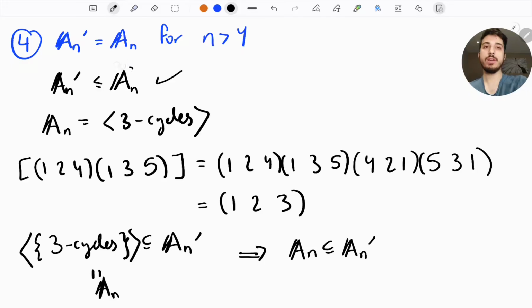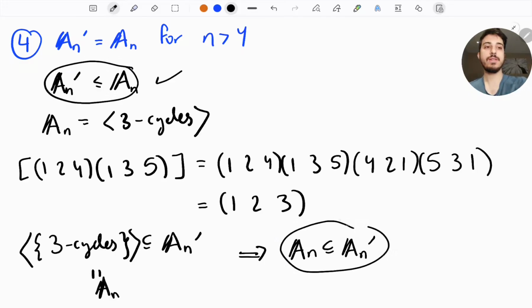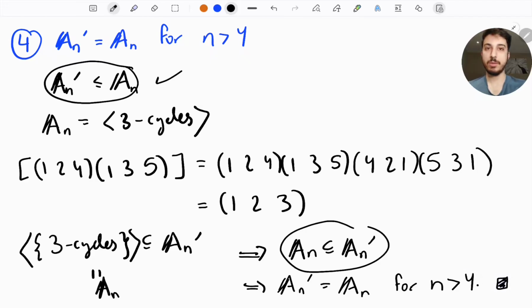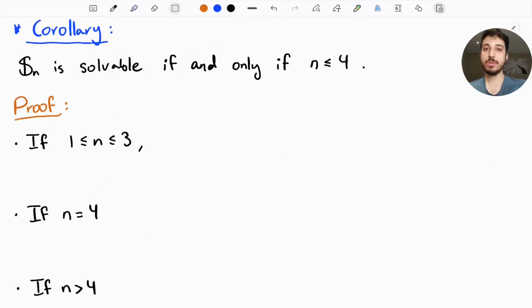And now we have the inclusion on both sides. We can conclude that A_n prime is equal to A_n for all integers n bigger than 4. This completes the proof of the entire proposition. The previous proposition was important in telling us what the commutator subgroup of S_n and A_n is for all n.